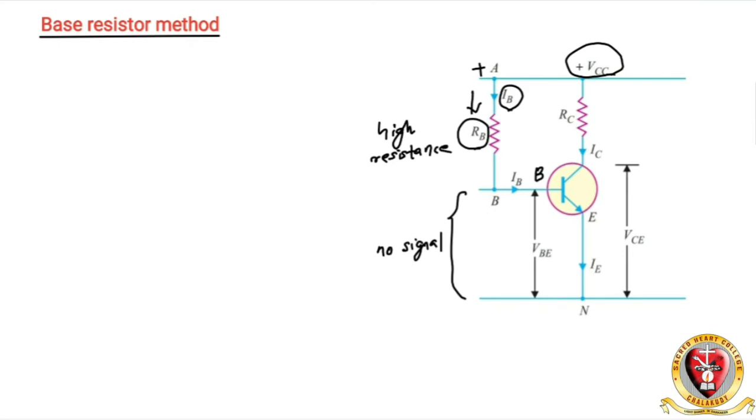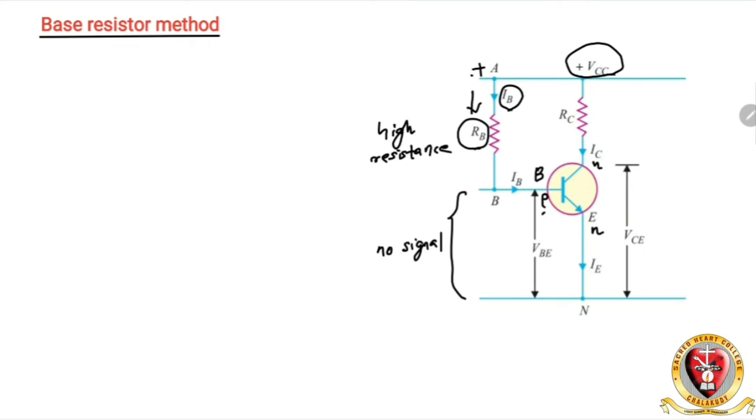Base is positive with respect to emitter. This is an NPN transistor, so base B is positive and N is negative. That means this end is positive, and this is a forward biased condition.